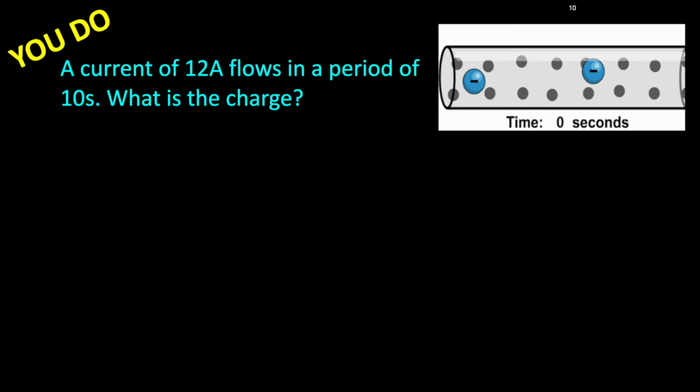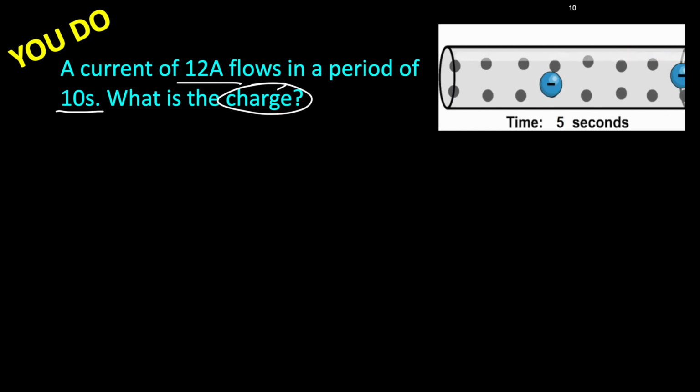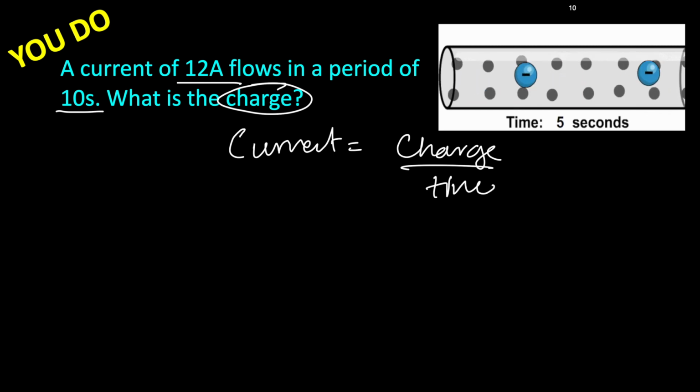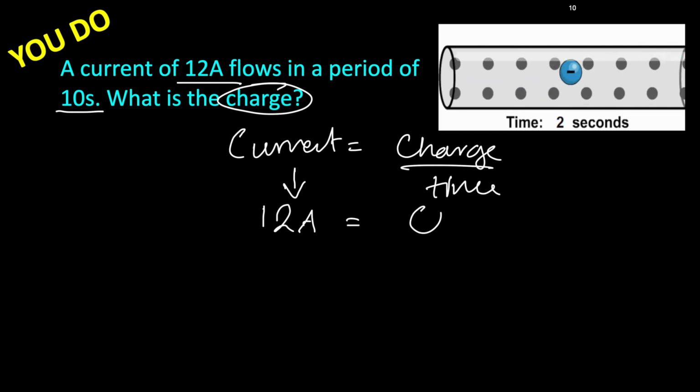A current of 12 amps flows in a period of 10 seconds. What is the charge? Have a go on your own first. Okay, so once again, current in this case is 12 amps. Our charge is unknown, so I'll leave that as Q, and our time is 10 seconds.